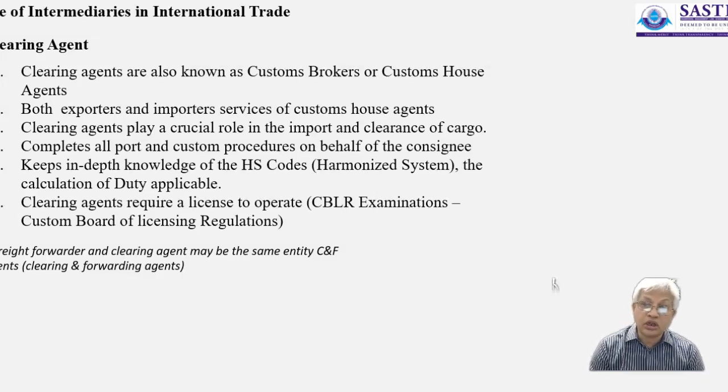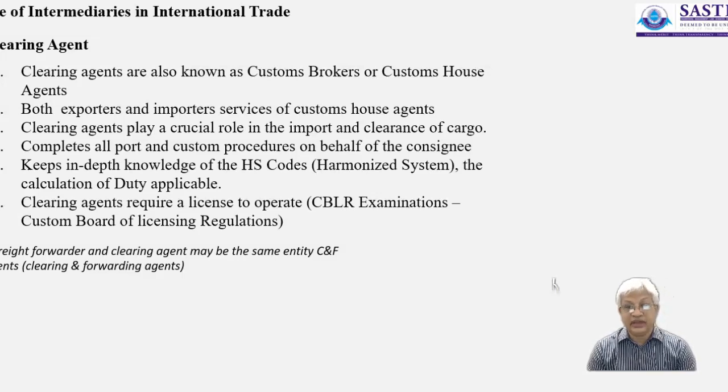They complete all the customs procedures on behalf of the consignee, that is the importer. That's another word used in the shipping domain, a consignor and a consignee. He keeps in-depth knowledge of the harmonized system code and the calculation of the duty applicable.